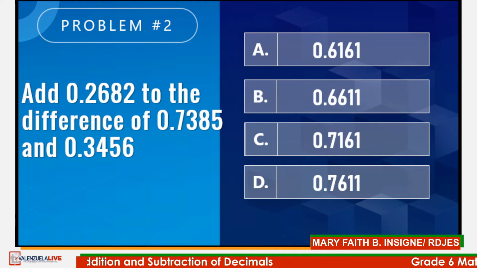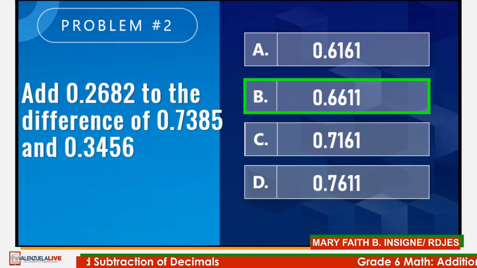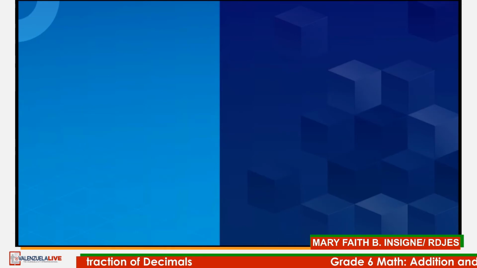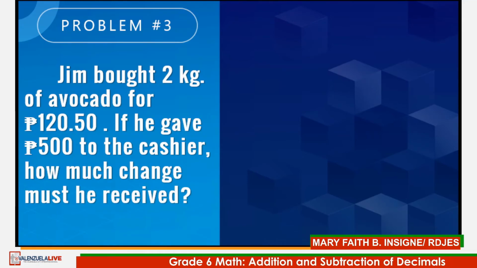Alright, time's up. If your answer is letter B, you got the correct answer. The third problem, we have Jim bought 2 kilograms of avocado for 120 pesos and 50 centavos. If he gave 500 pesos to the cashier, how much change must he receive?